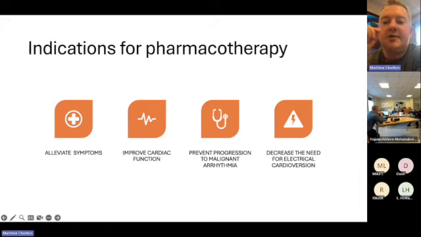It looked at patients with ventricular ectopics post-MI, thinking that if you suppress those ectopics, they're less likely to develop malignant arrhythmias down the line and would have better outcomes. But it was stopped early because in patients in whom they tried to suppress that, there was a higher mortality. So essentially, giving flecainide or the sodium channel blockers to try and suppress ventricular ectopics is a bad idea, so we don't do that.